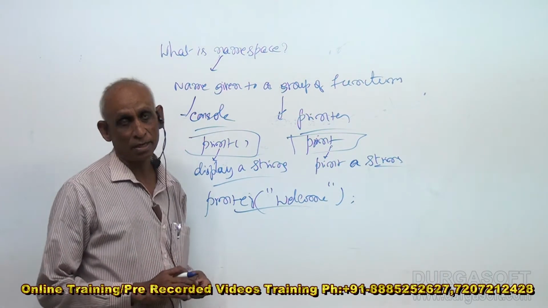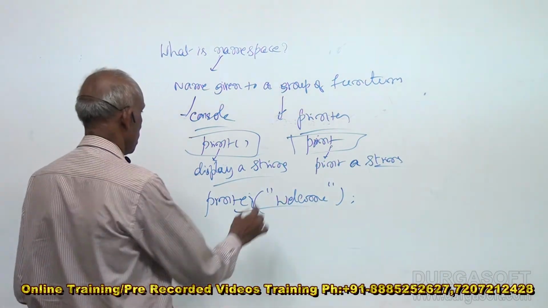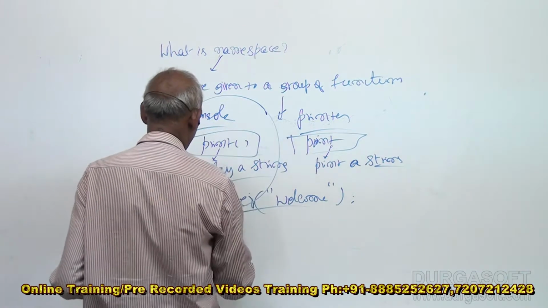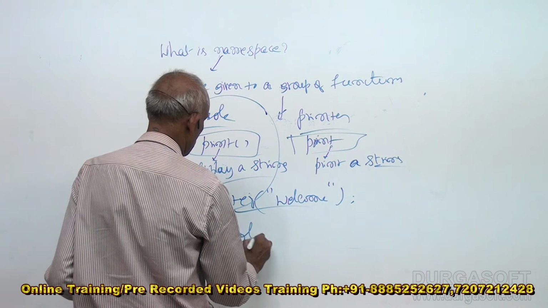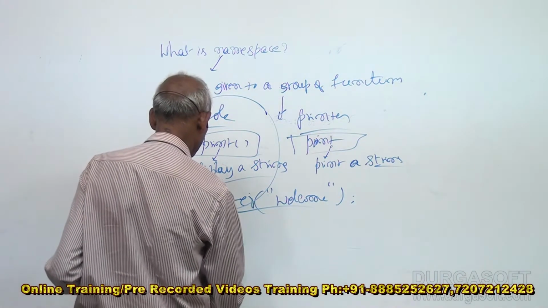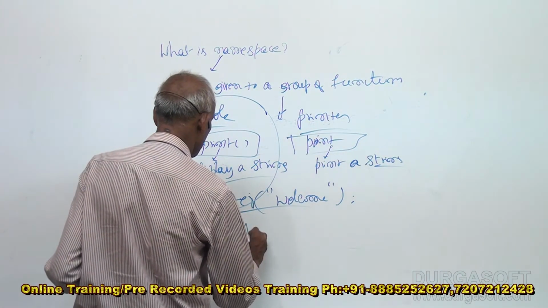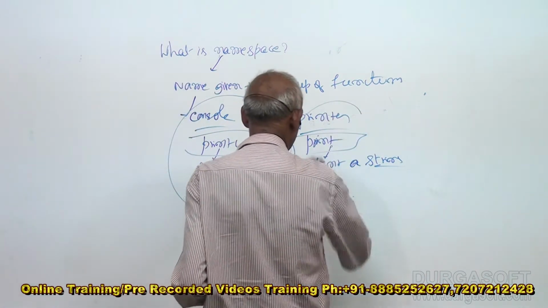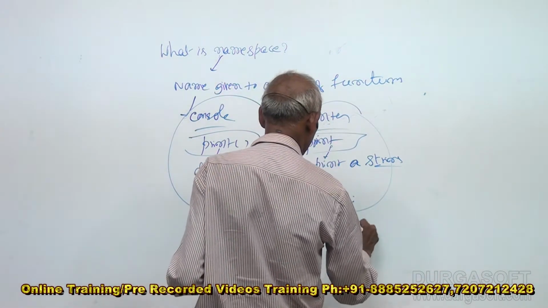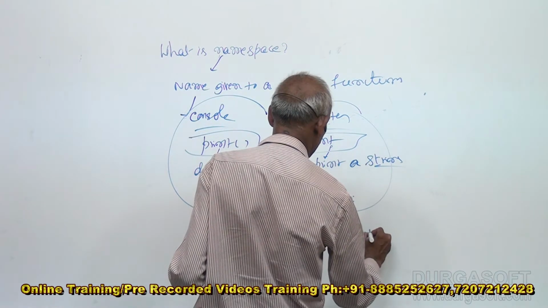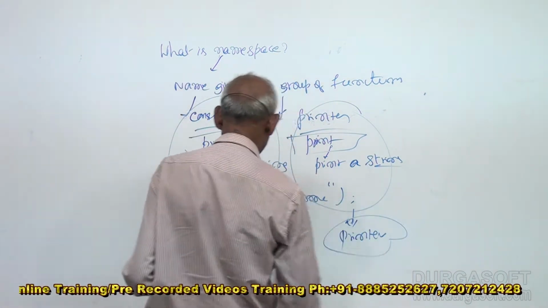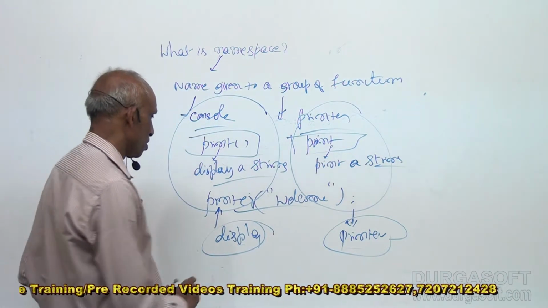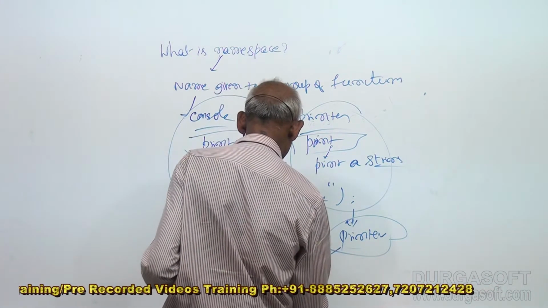Confusion, clash. So to differentiate that, this group of functions is given a name. The name I give is display, and this group of functions I will name printer. So display and printer are the names given to the groups of functions. These two are called namespaces.